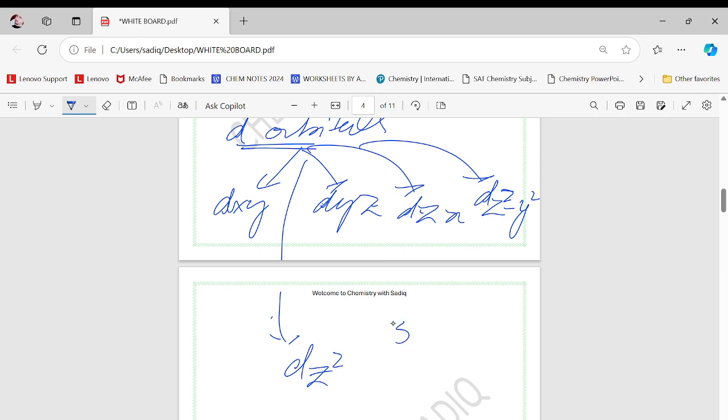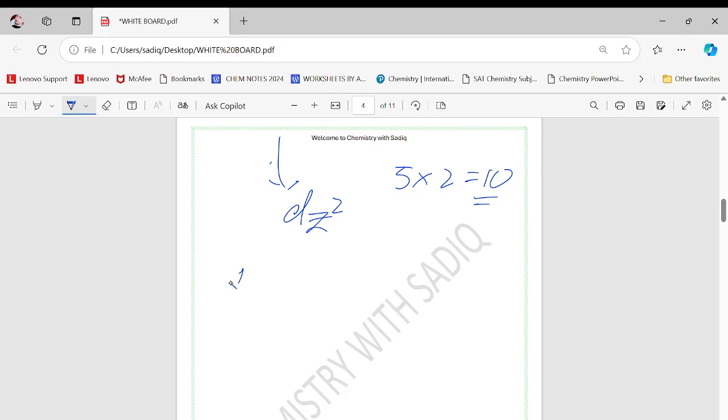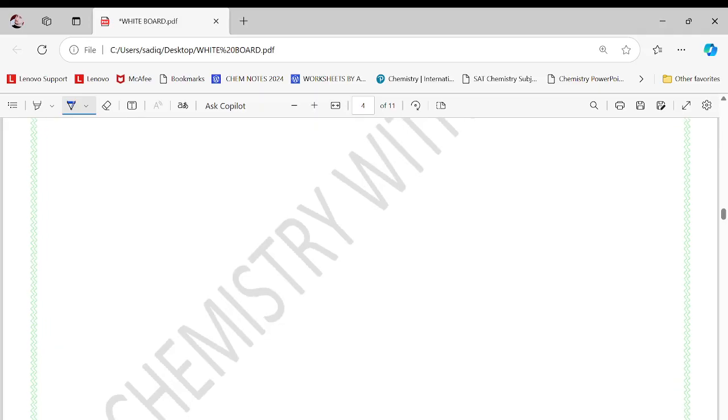So there are 5 kinds and each one can accommodate 2, so the total number of electrons is 10. And then we have the f orbital, which is of 7 kinds, 2 electrons in each, and you get a total of 14 electrons.